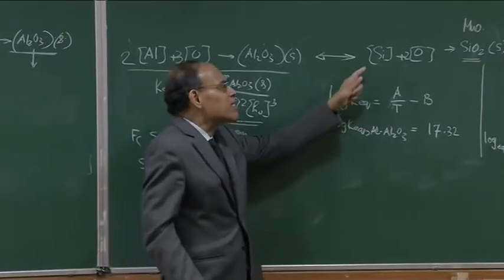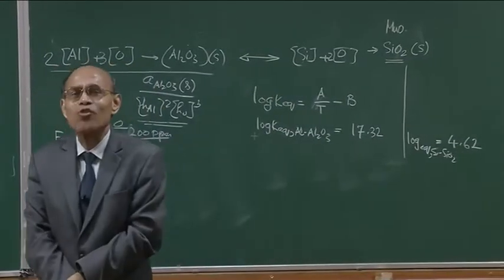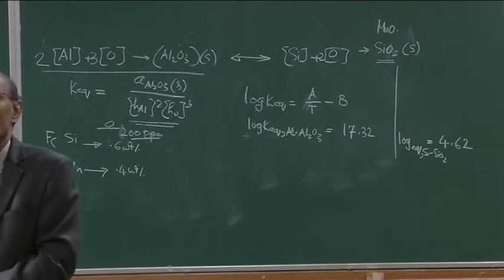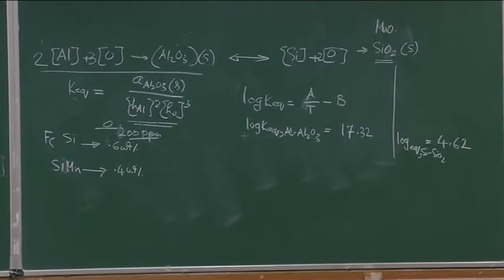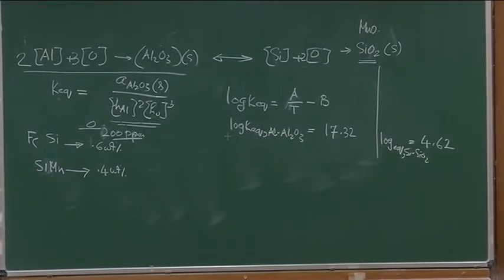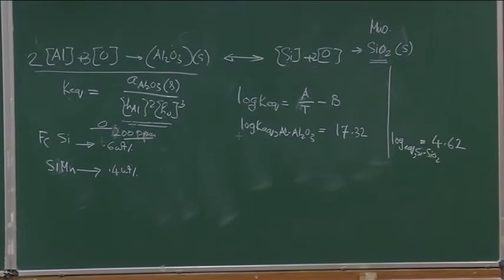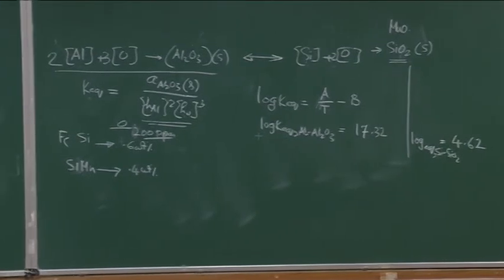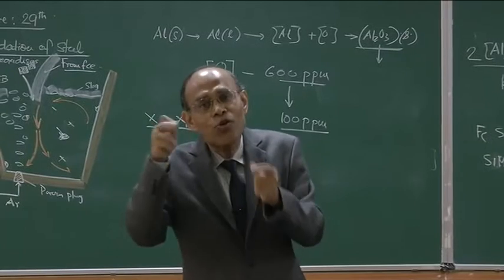But if you are using silicon as a deoxidizer element where your requirements are 100 to 200 ppm of dissolved oxygen, because target oxygen is fixed, you have fixed it at 100, you have an option now.